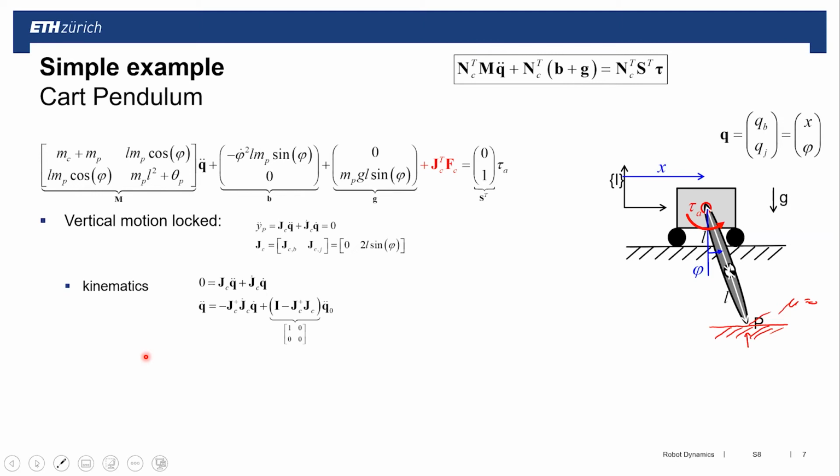If you look at the kinematics, we have here the contact constraint, first equation, which means the actual Q double dot has to be consistent with that constraint. So it must have this coupling term, and then it must be in this null space times a generic Q double dot. And if you take this JC that we calculated here, and you do the pseudo inversion times J and identity minus that part, you would be left with a 1, 0, 0, 1 matrix.